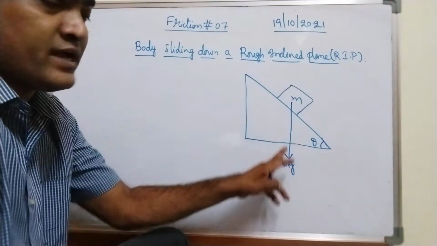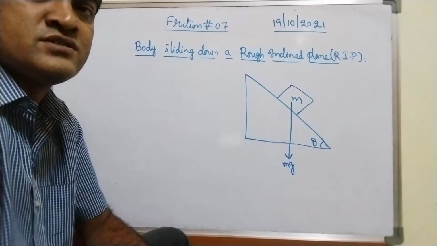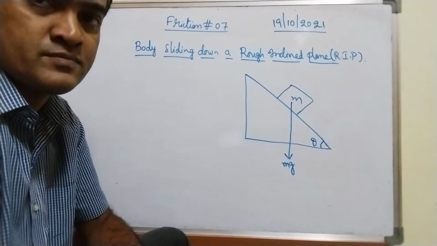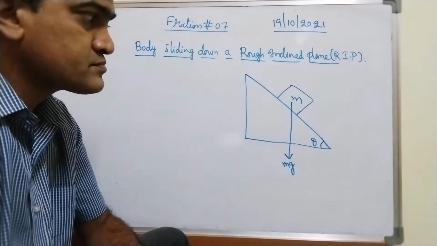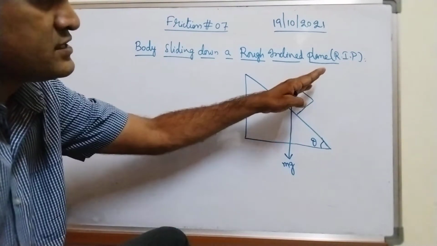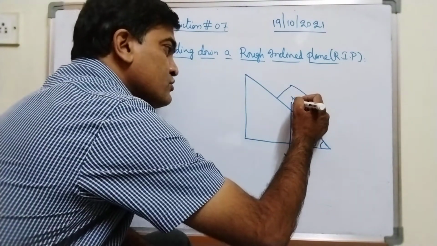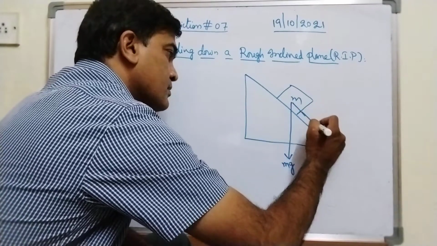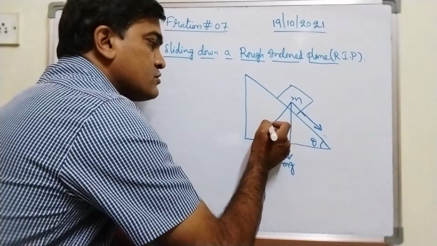Now this weight mg gets resolved into two rectangular components, and those two rectangular components are always perpendicular to each other. One rectangular component is parallel to the plane, and the other is perpendicular to the plane.